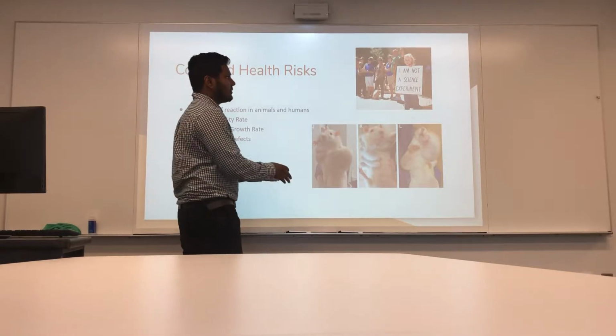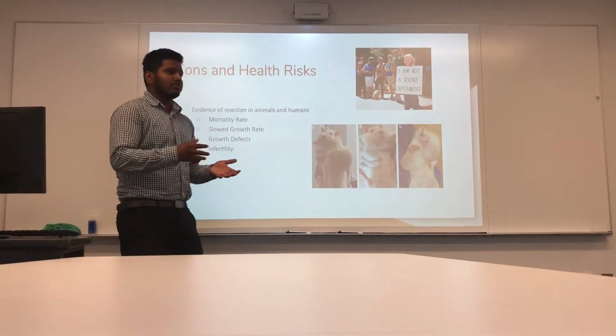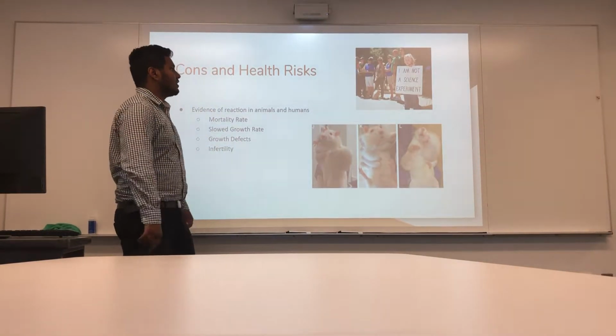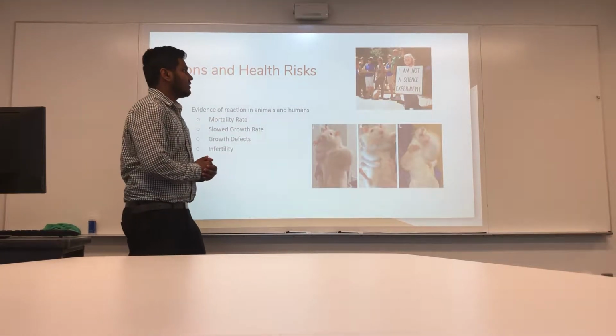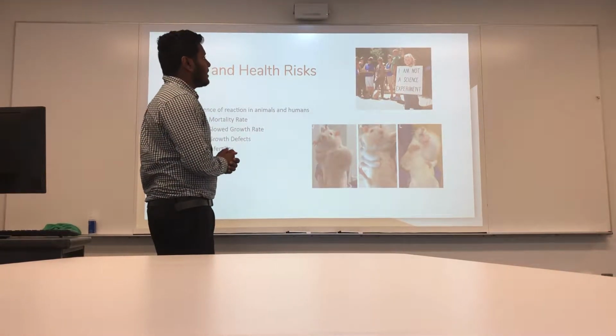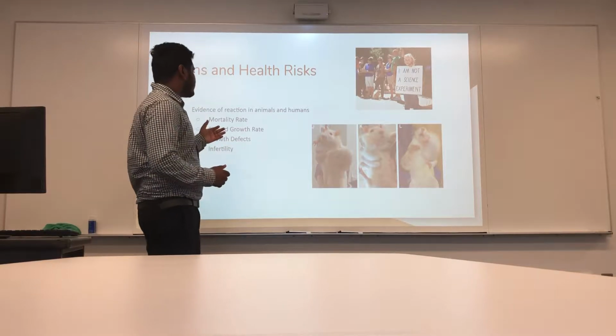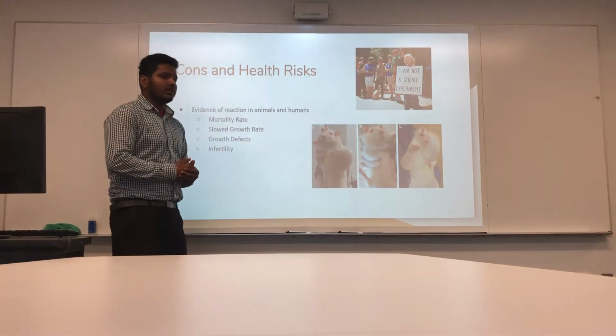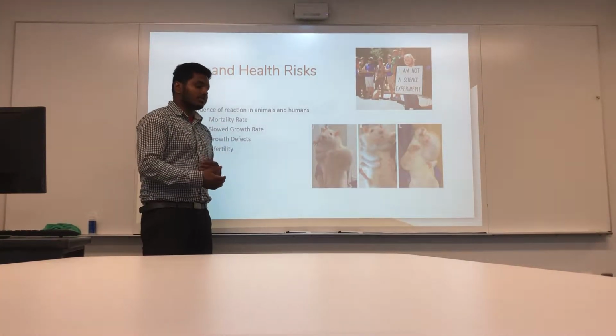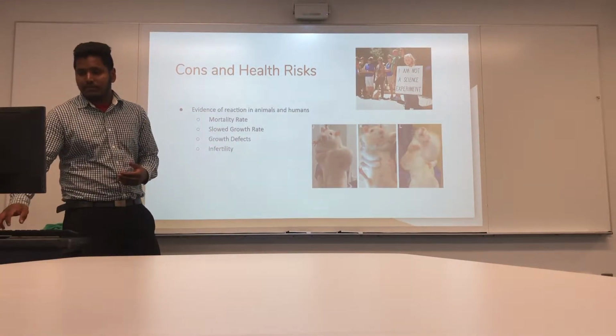This is all related to animals, but it's pretty relatable to humans too, because we almost have a genetic resemblance. Plus, the pesticides which are used are becoming more resistant, which is explained in the next slide.